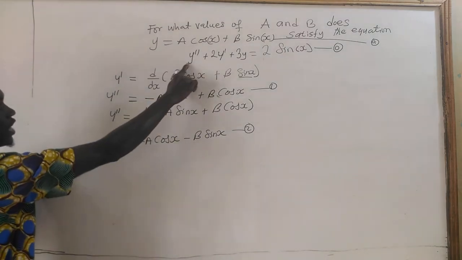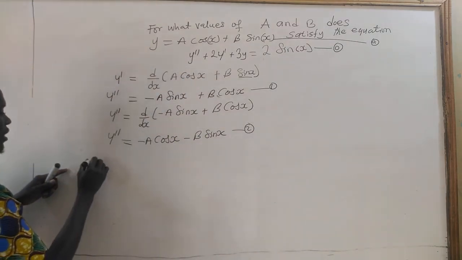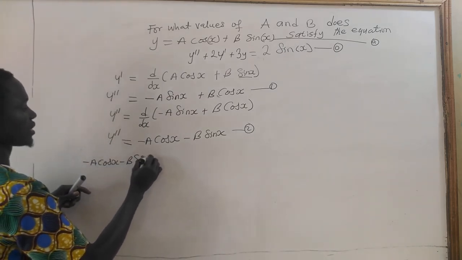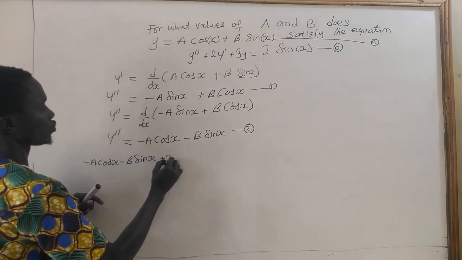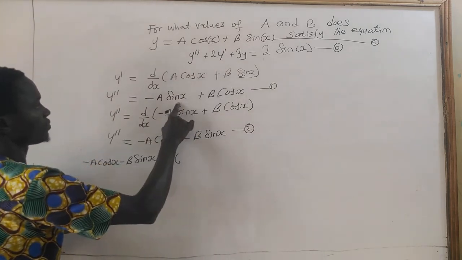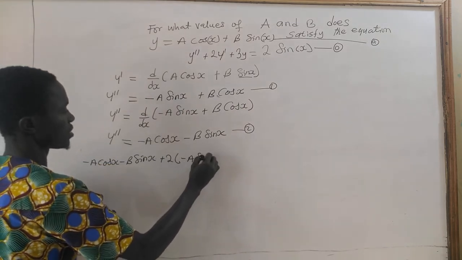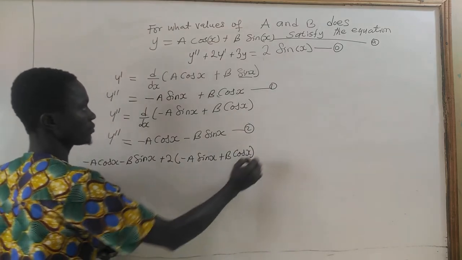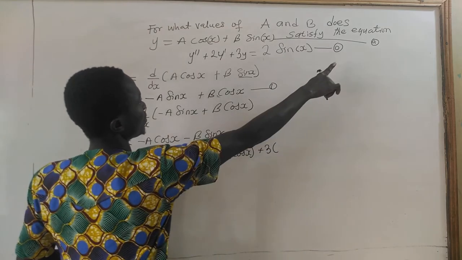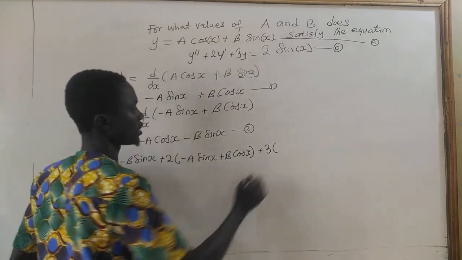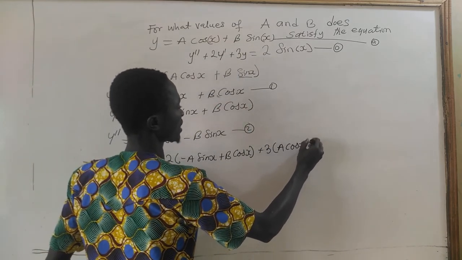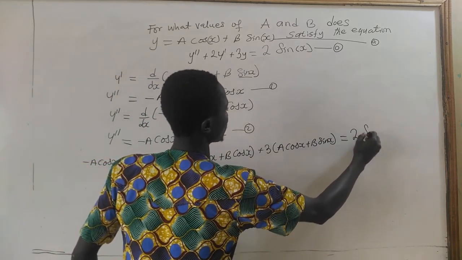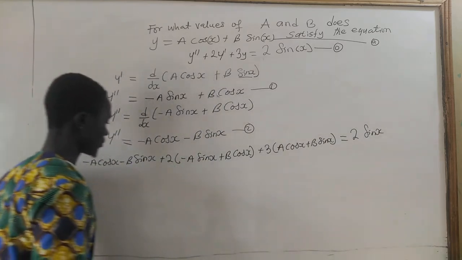So we have y prime prime, so I have minus a cosine of x minus b sine of x plus 2 times y prime, which is minus a sine of x plus b cosine of x, plus 3 times equation A. That is the original equation.